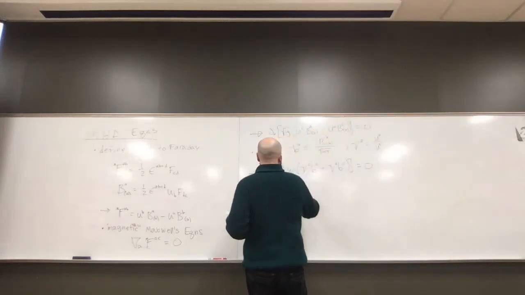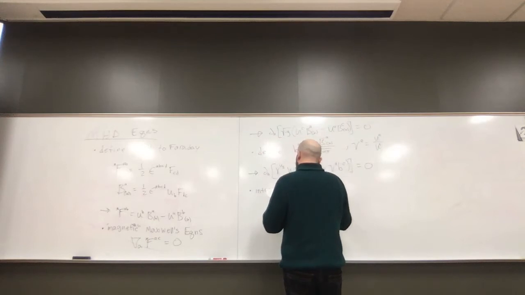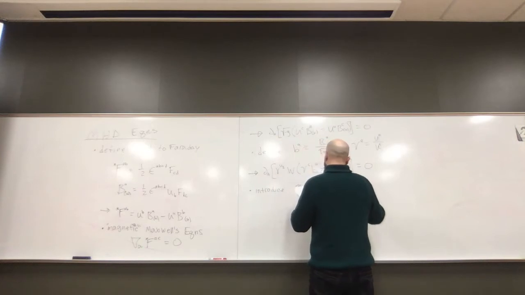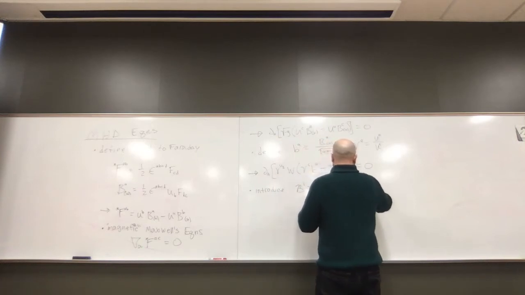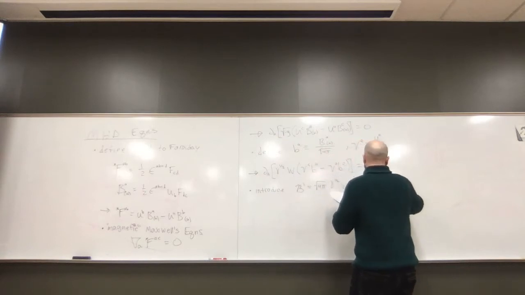I'm going to call it a curly B. Apologies for all the different B's, but this is the nomenclature that is used. And this is going to be equal to the square root of 4 pi, gamma to the 1/2, Lorentz factor W, BI minus VI BT.